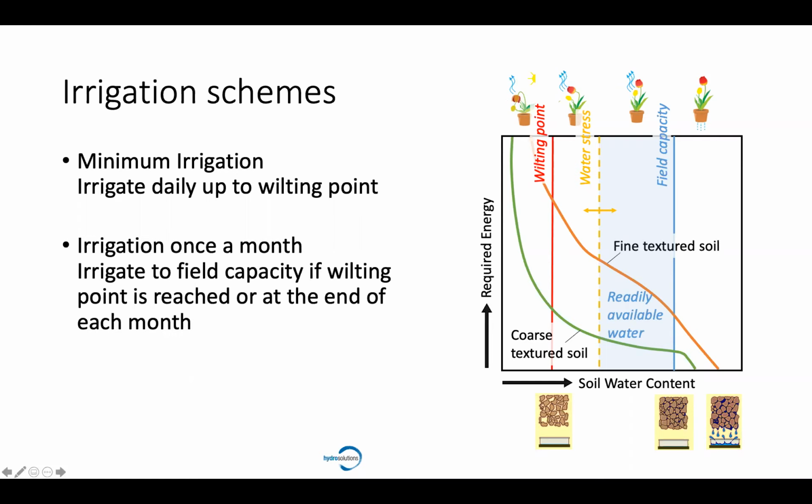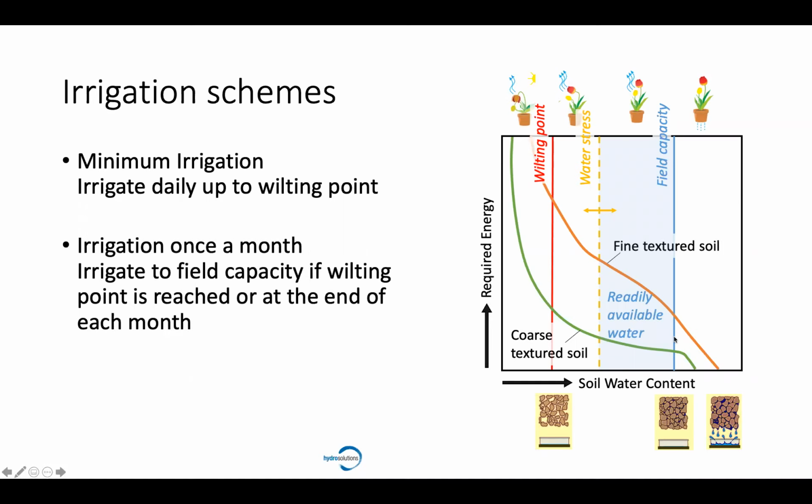So this is a very optimal irrigation. It only irrigates every day so much that the plant can survive. We also implemented irrigation once a month. That is, when the water content drops below the wilting point, the irrigation calculator will irrigate the field up to field capacity.